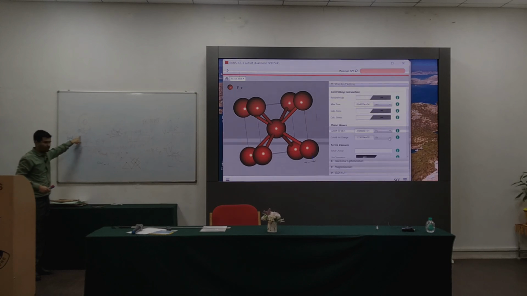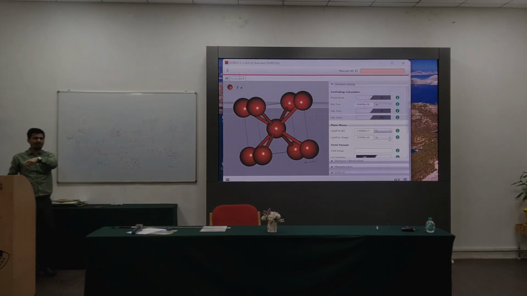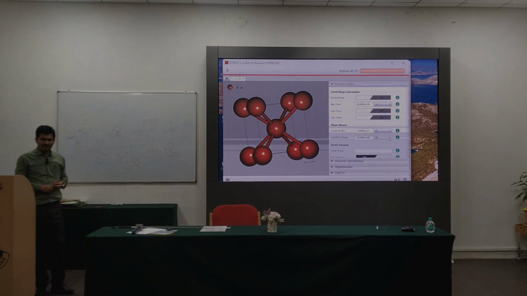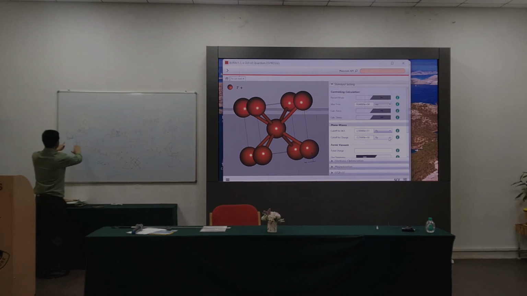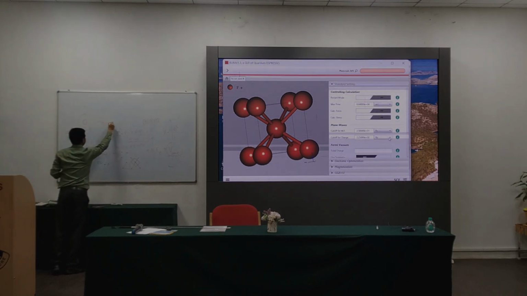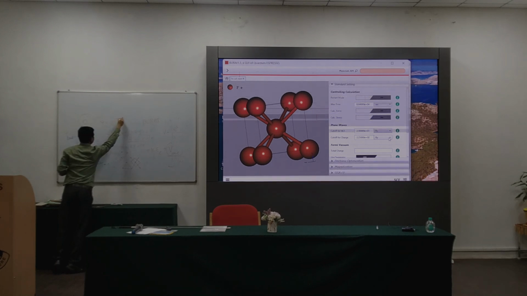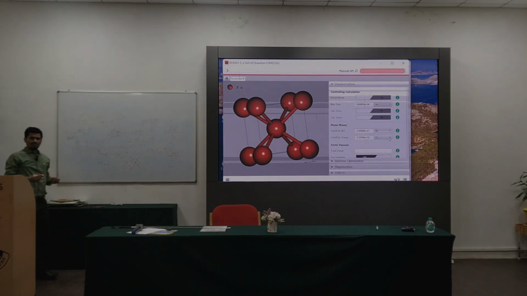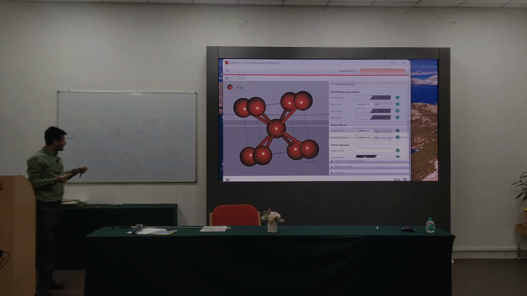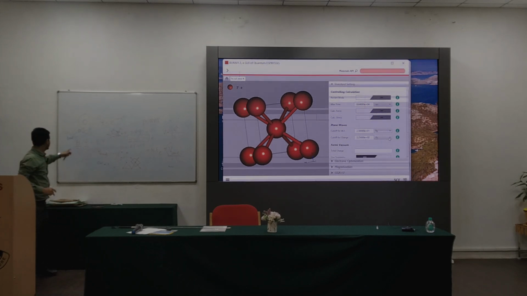We are minimizing so that I get the actual wave function. Now for the same hydrogen atom, if I start with a different trial wave function, my trial wave function can be anything. In that case I will never end up with this wave function.